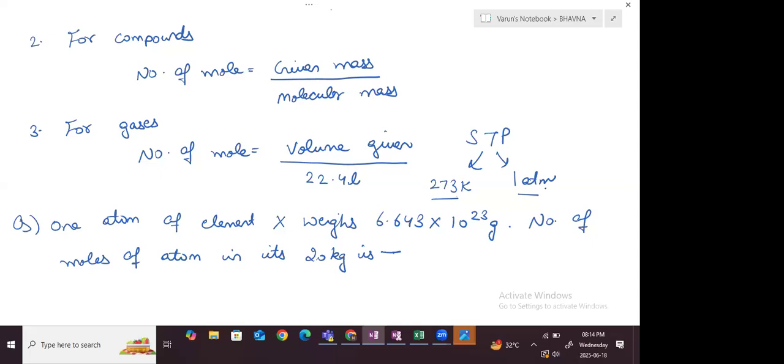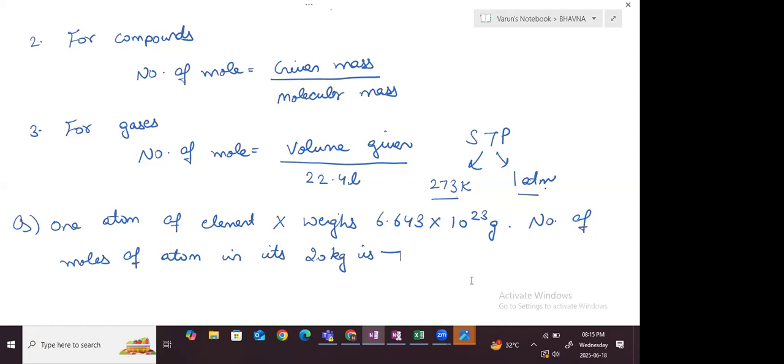Are you trying, Bhavna? One thing that you have to do is, one atom weight is given to you in grams. So we can multiply it with the Avogadro number so that this value will be equal to the mass of 1 mole.